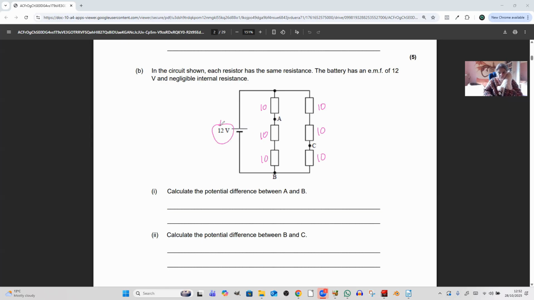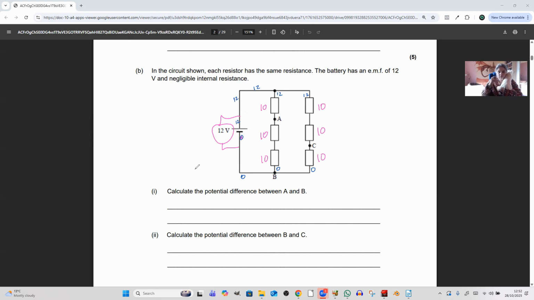So if there's 12 volts across there, and we say that this is 0, let me do it in a different color. Let's say that that's 0, 0, 0, 0, 12, 12, 12, 12, 12. Okay.